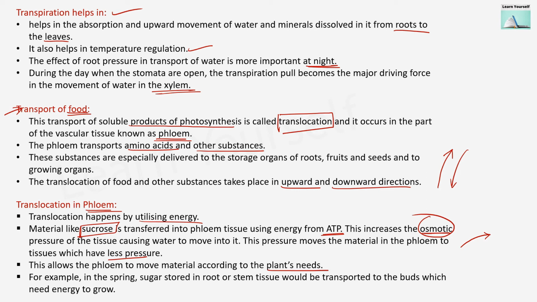The osmotic pressure will be less if the sucrose level is less. That means that tissue is in high need of the food particle or the sucrose. So phloem will distribute the sucrose particle to that tissue. For example, in spring, sugar stored in root and stem tissue would be transported to the buds which need energy to grow. So as and when they require energy, this phloem will circulate this sucrose particle to them.